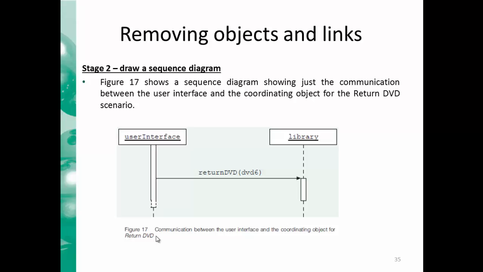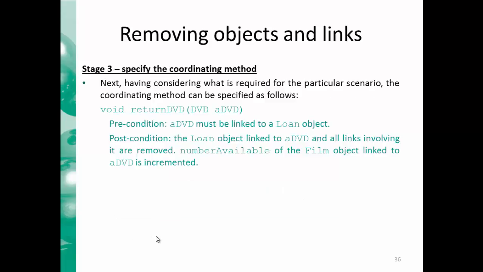Now this is the interaction between the coordinating object and the user interface. Simply, the return DVD method, as a coordinating method, will be called upon the library object, and after that we will decide about the design of the signature of the coordinating object.